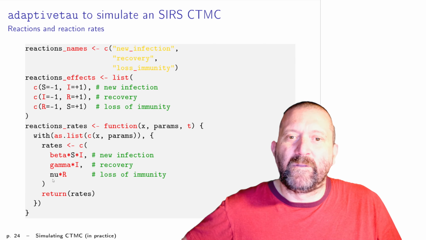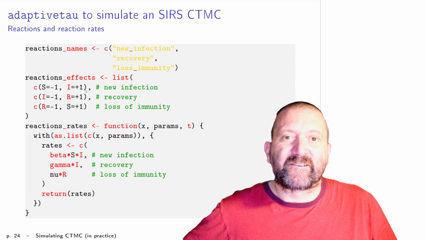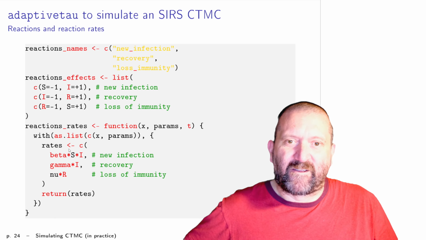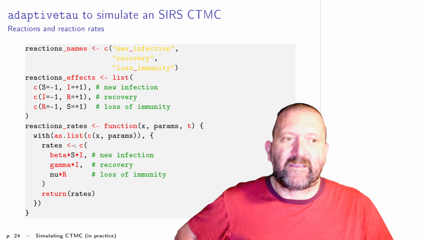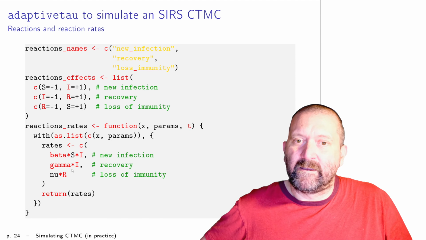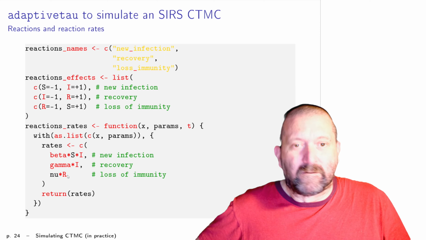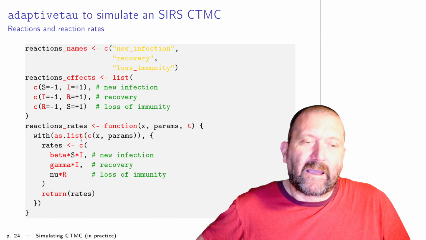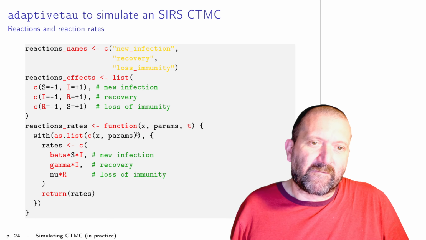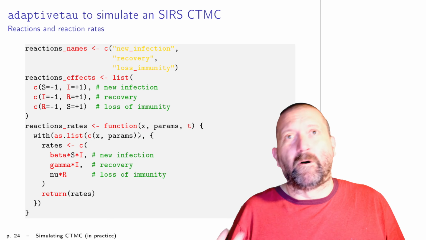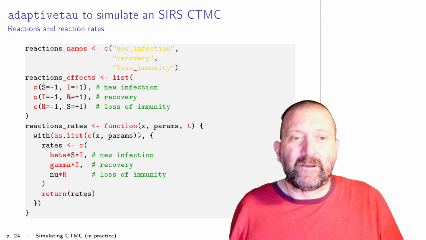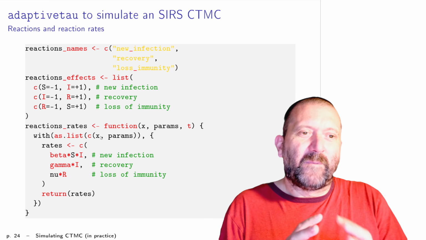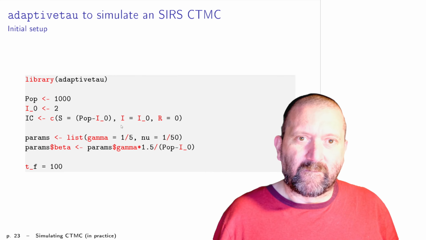What you need to do is return the rates at which each of these transitions takes place. Those rates I'm writing here are beta S I, gamma I, and nu R. Just in passing, this is not required. Here I'm making my life easy by using this syntax, which is very similar to syntax usually used in ODEs in R. I'm going to make my parameters accessible.